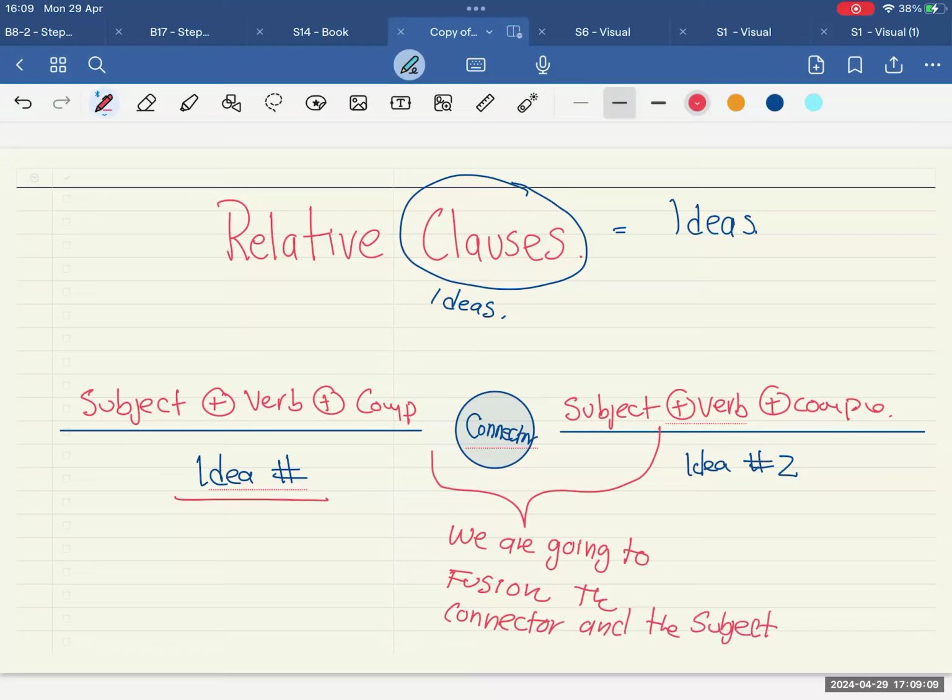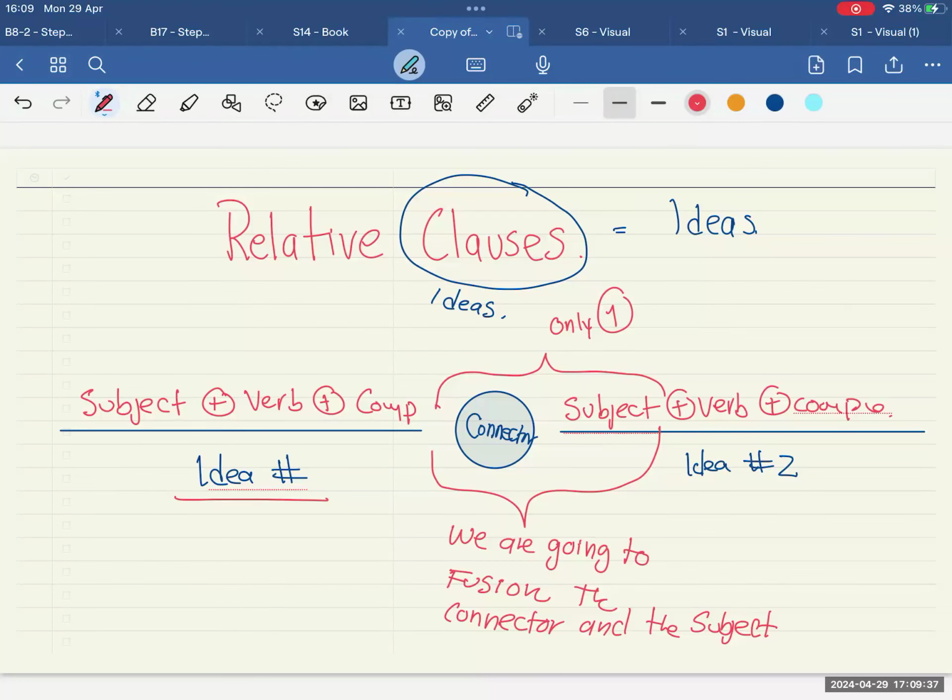We are going to combine them, fuse them, and make only one. For example, these two are going to be only one element, not two elements, but only one element. Okie dokie.